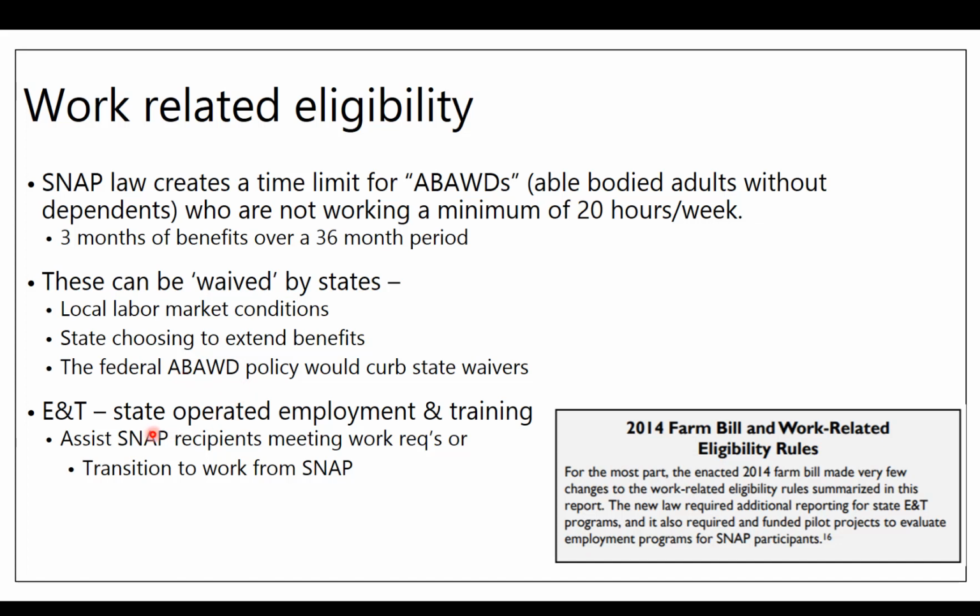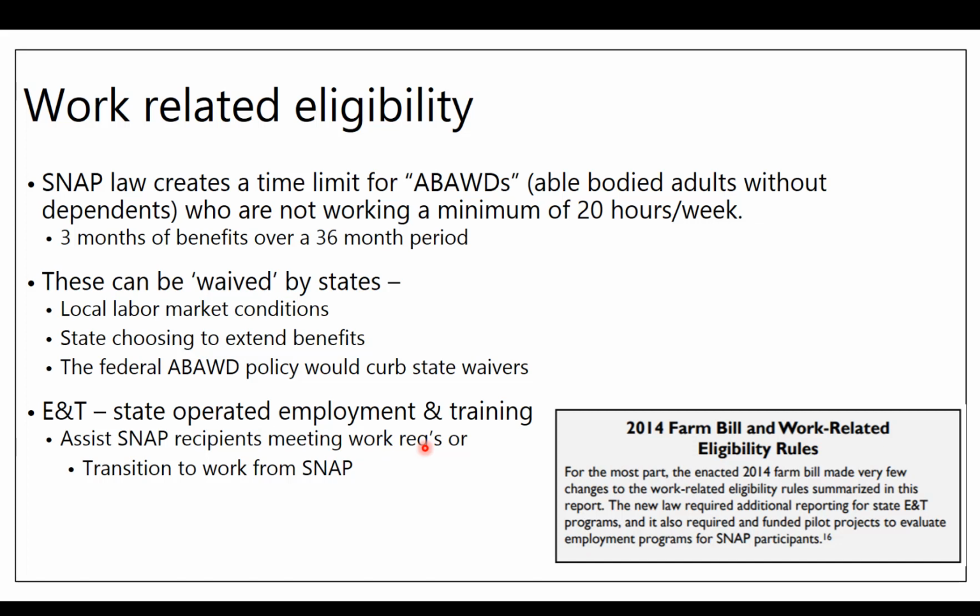And then a part of that as well is something called E&T, education and training programs, employment and training programs operated by the state. Basically, if you have this large set of ABAWDs and you have lots of unemployment, well, they don't have to be employed, but they have to enter into one of these E&T programs by the state to help prepare them for whatever sort of work may be coming along.